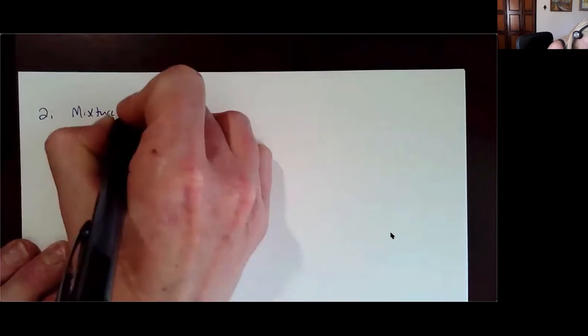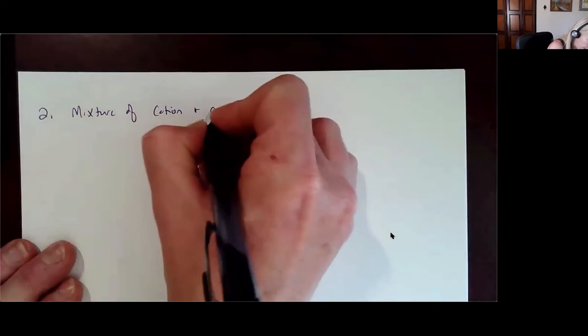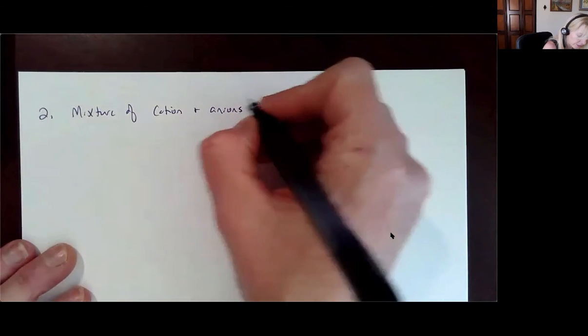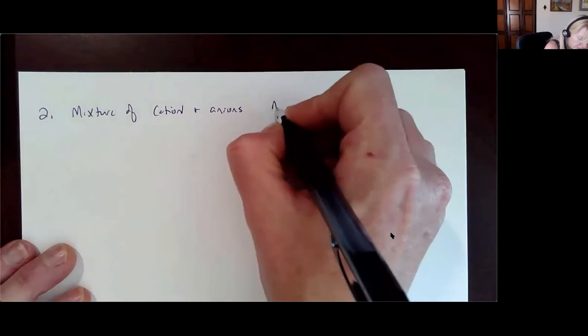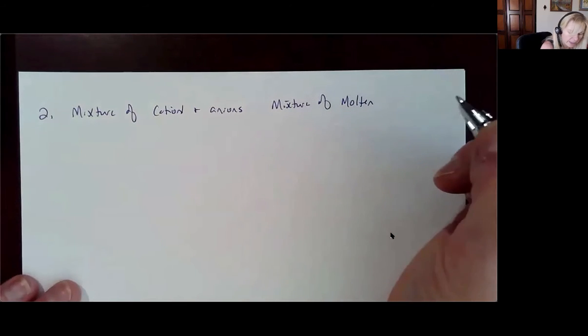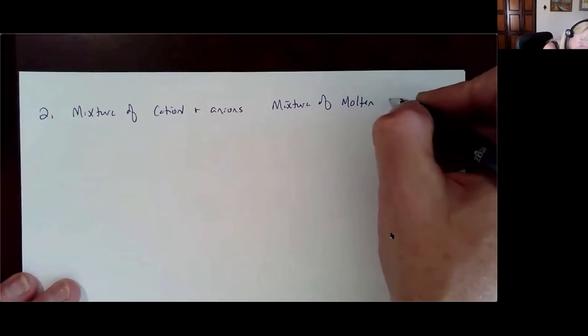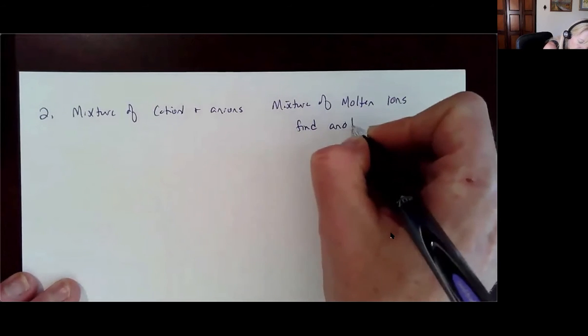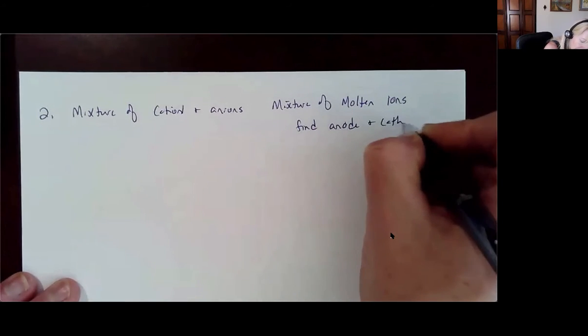My second scenario in an electrolytic cell could be a mixture of cations and anions, and which one is going to be more easily reduced or oxidized. So in a mixture, and we'll say this is molten, so I don't have any aqueous, no water, molten ions, I'm going to find what's happening at the anode and what's happening at the cathode.